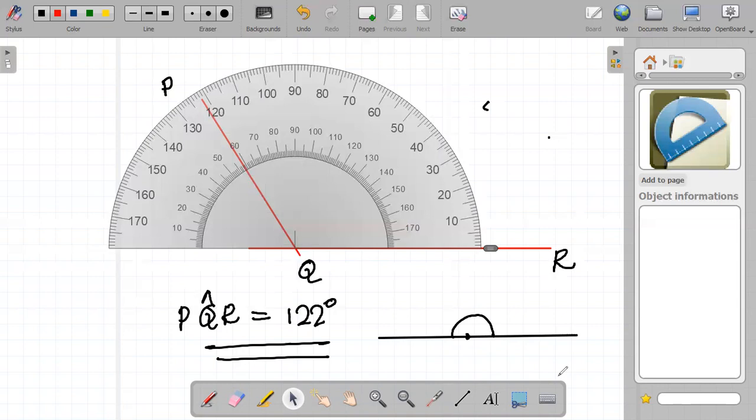Is it clear? Yes, sir. Then let's move to the second one, ZYA. Please identify that angle. ZYA angle. Shinal?